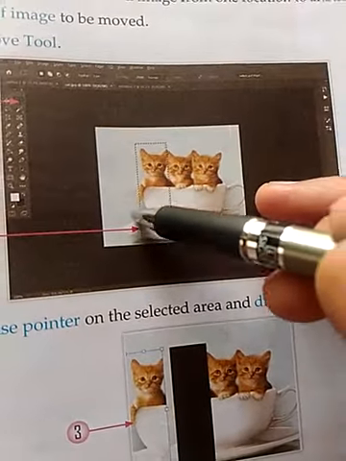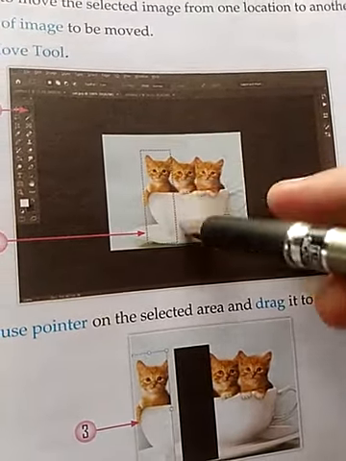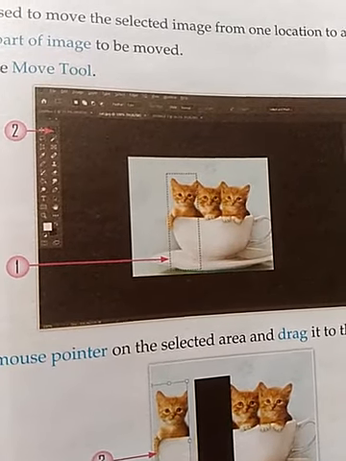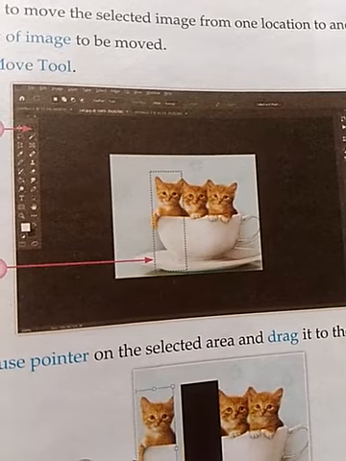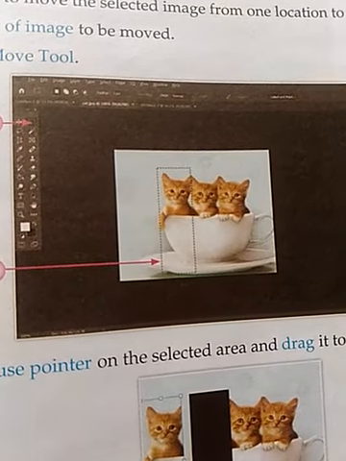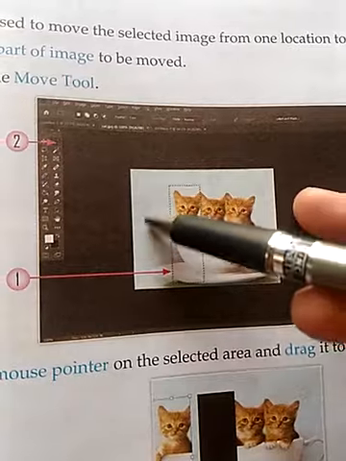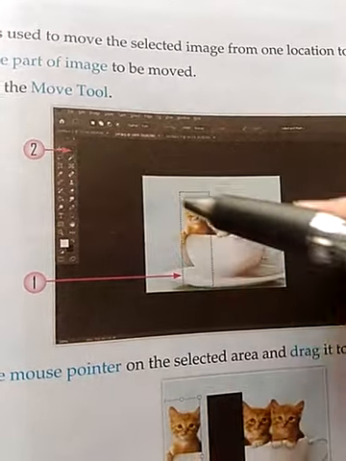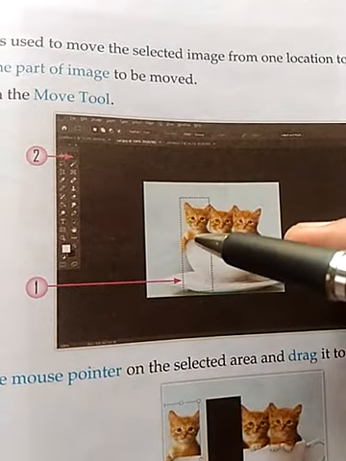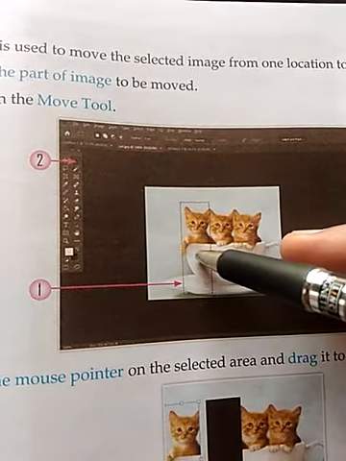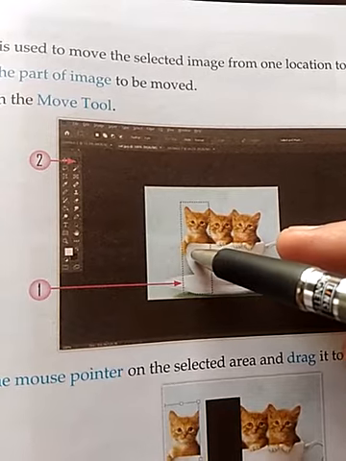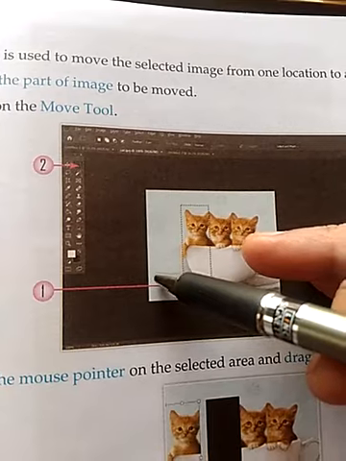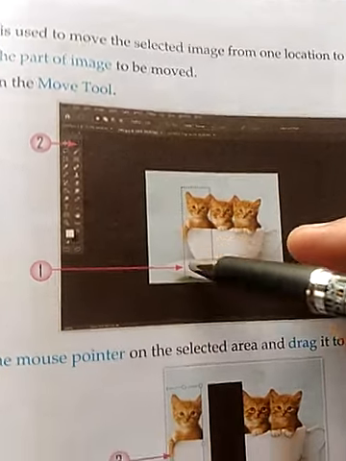Suppose you have selected this particular portion by using rectangular marquee. So after using the rectangular marquee, and if you want to move this particular area to some other place of the image, then just select the move tool, left click the mouse over here, hold it and drag the mouse to the particular place where you want to move the selected portion.